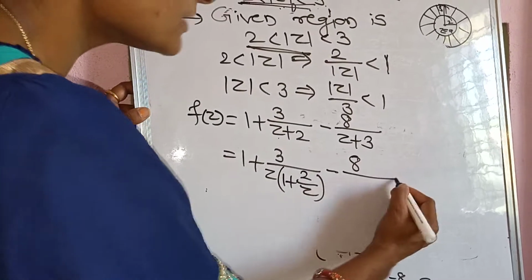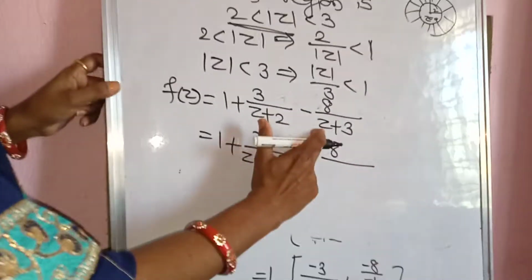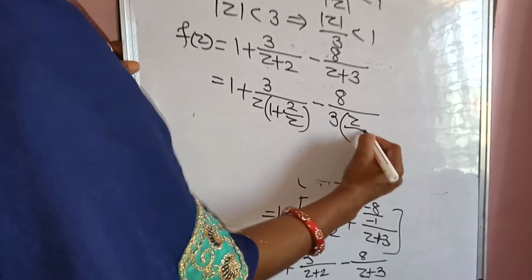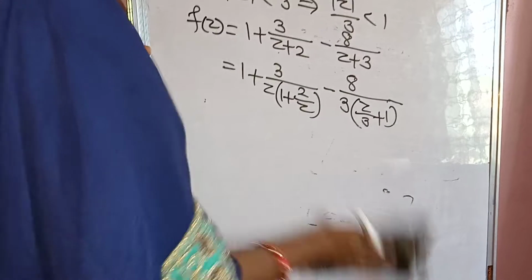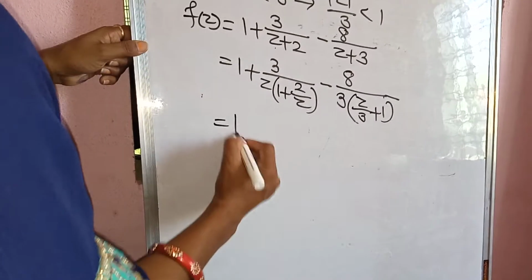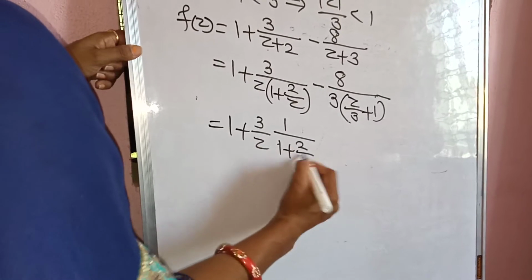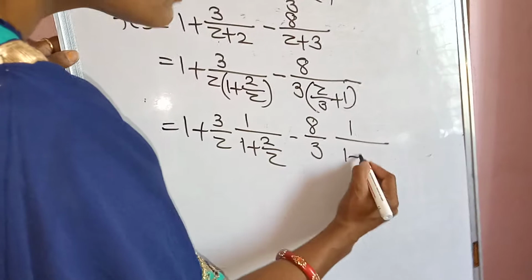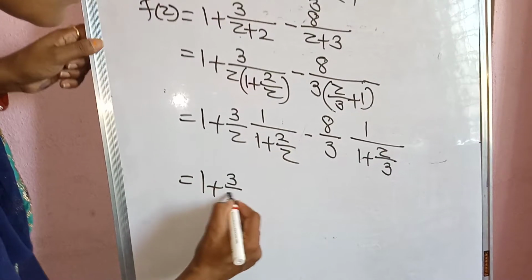We know that mod z by 3 is less than 1, so I will take 3 common here, and the remaining term is z by 3 plus 1. Rearranging the terms, I write this as 1 plus (3 by z) times 1 by (1 plus 2 by z) minus (8 by 3) times 1 by (1 plus z by 3).